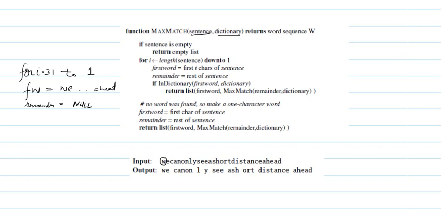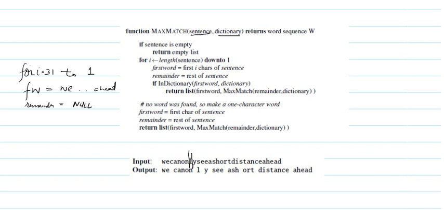Now after canon, after this one, we see that nothing will match in the dictionary. So I extract one character, make it a word, and the remainder will be the remainder part of the sentence.